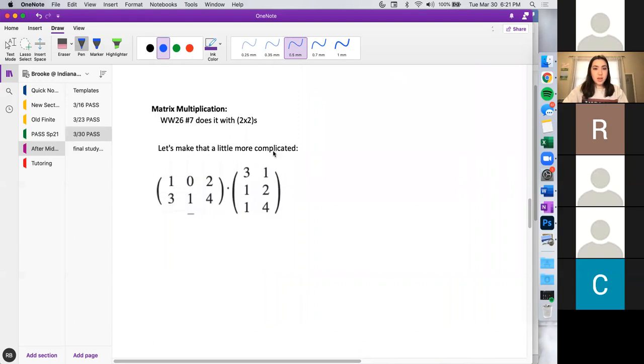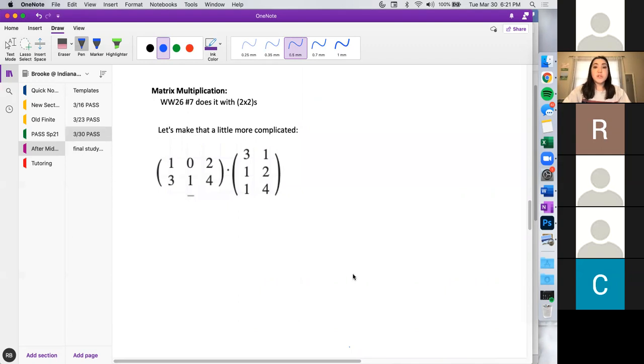I'm going to do one that has different matrix dimensions instead of the one that he had in his web work. So that check is looking at the dimensions of them. So the first thing you always do is write out your dimensions and check. So dimensions go rows, then columns. So this one has 2 rows by 3 columns.